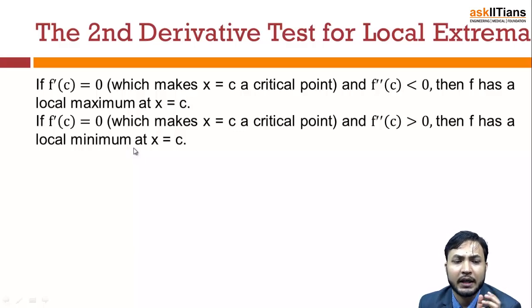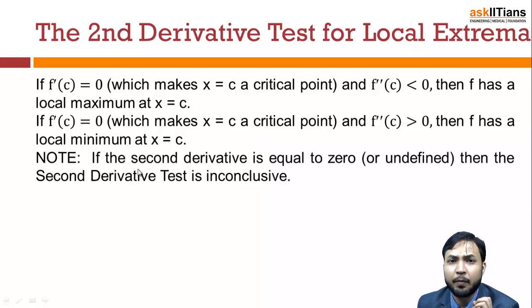At a particular point, x equals c, my first derivative has to be equal to 0, I equated it with 0, and then I check my second derivative. If it is less than 0, then the function achieves a local maxima at that critical point x equals c, and inversely, if my second derivative is greater than 0, then at x equals c I get my local minima.